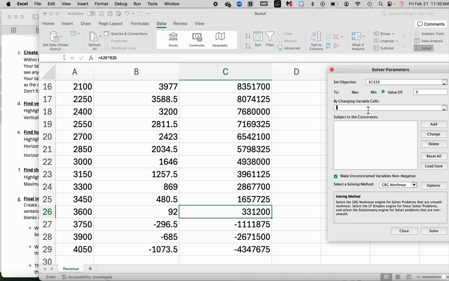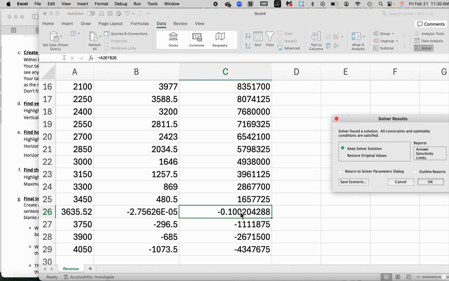In this case, I want to put the result in my input column in the same row, 26, and it is going to change this. It's pretty close to 0. Sometimes in Excel, if I haven't made my inputs close enough to the actual input value that would result in a 0, you get something close.